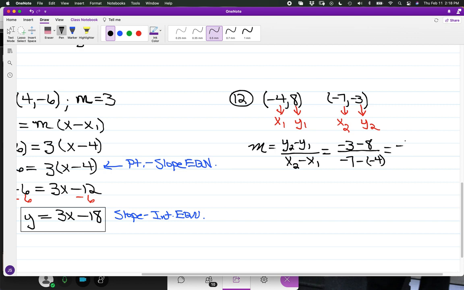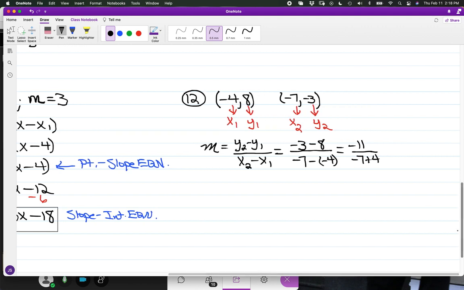So you get -11 over -7 plus 4. For the slope, we're going to have a non-integer value. So you get -11 over -3. Here the negatives are going to cancel out.